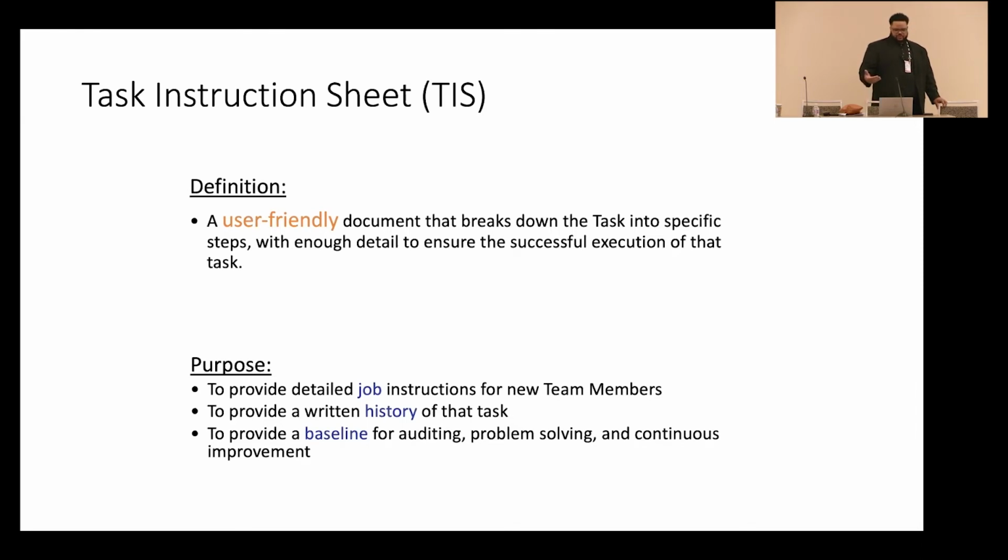The purpose is to provide detailed job instructions for new team members. It provides a written history of the task, and then it provides a baseline for auditing, problem solving, and continuous improvement.